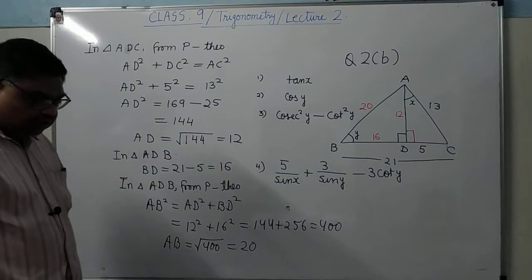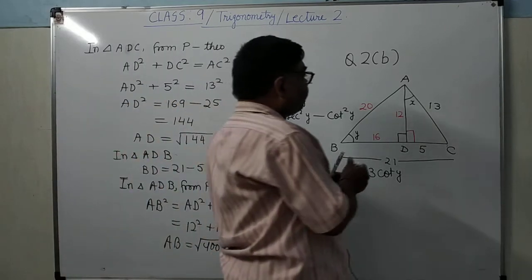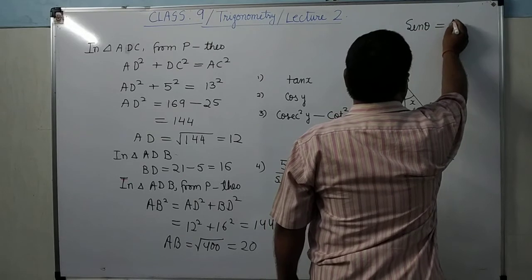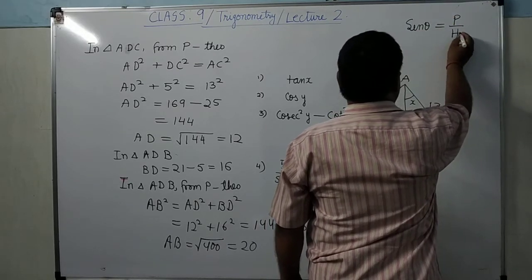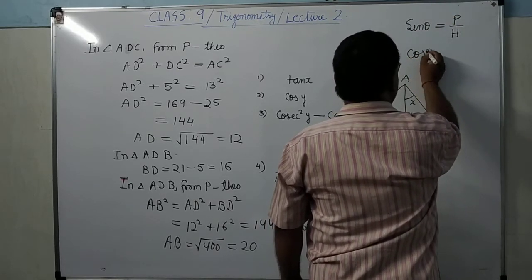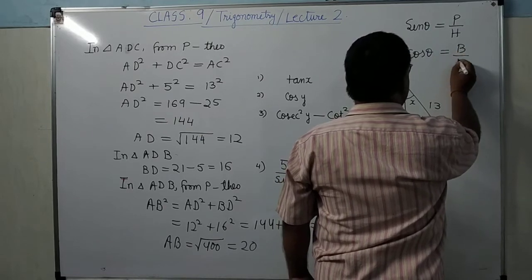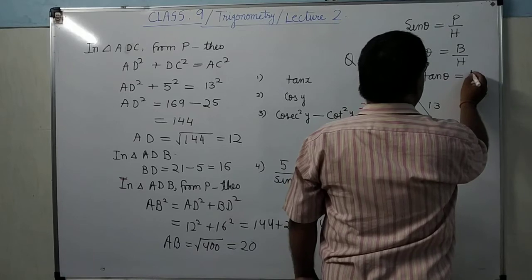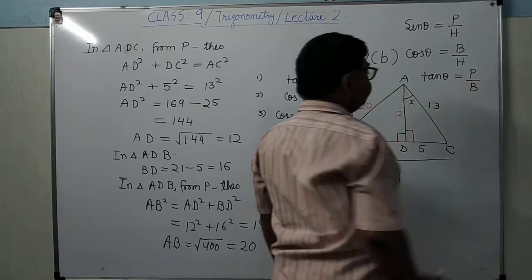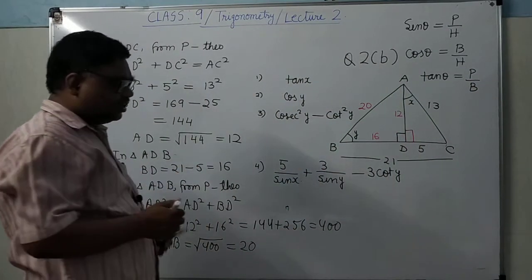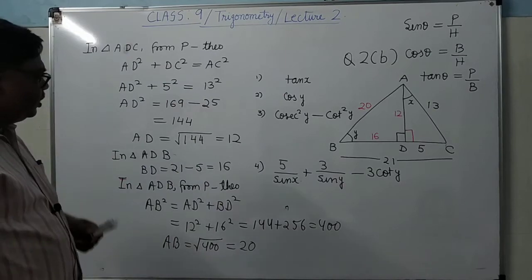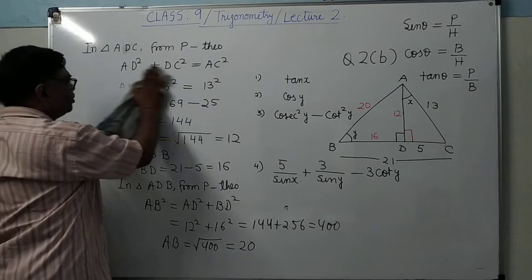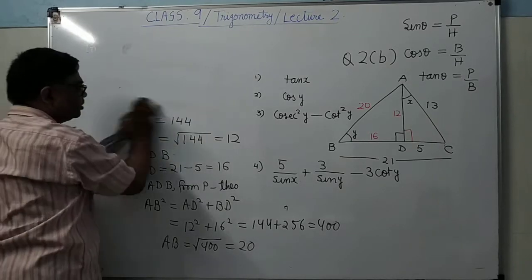The formulas, that day I told you: sin theta means perpendicular upon hypotenuse, cos theta means base upon hypotenuse, and tan theta means perpendicular upon base. It's clear? Then the reciprocals of these. So see here, you write, I am erasing this.